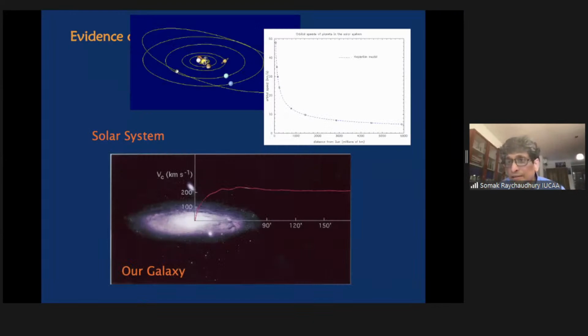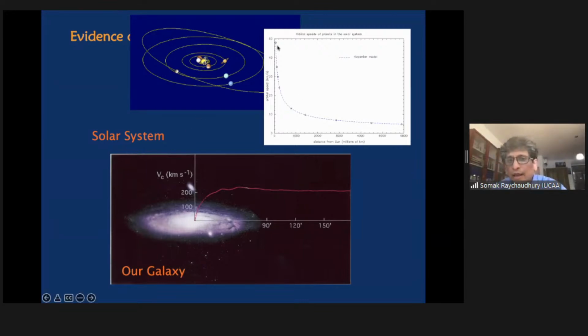Even in the planetary system, this is not right, because you know that the sun is in the middle and each planet is going around at a different speed, and this is governed by Kepler's laws, which we have all studied in college.